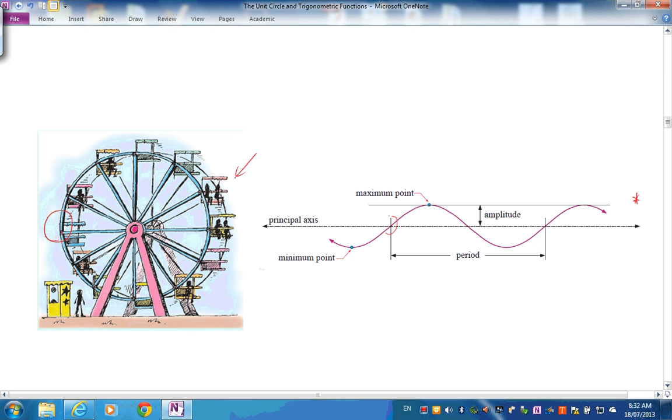So that would be equivalent to here. You go up to your maximum point, then come down at this horizontal position there, and then you come to your lowest point, closest to the ground, then you're going back to the horizontal position and highest point. So you've got a principal axis, if you like, above which you're going above and below that point. You've got a maximum and a minimum.